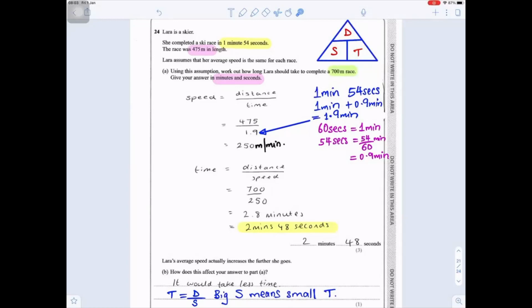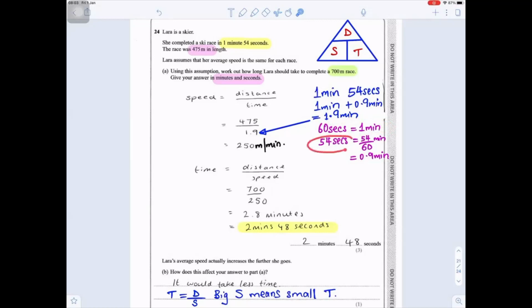So we want to work out the speed. The distance is 475 meters. The time is 1 minute 54 seconds. We want to change all of that to minutes. So 54 seconds, we want to change to minutes. 60 seconds is 1 minute, if you look on the right hand side.